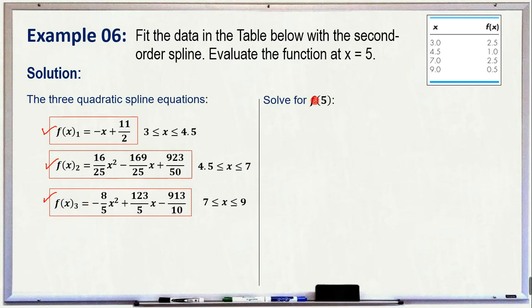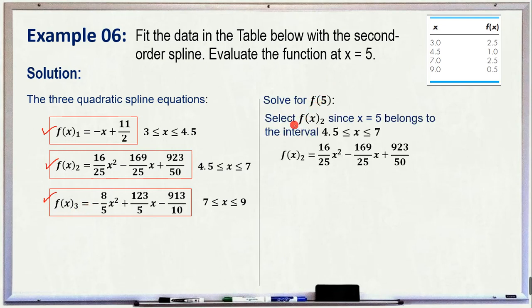So for f of 5 right here, we're going to select the second quadratic spline equation, since x equals 5 belongs to the interval for the second quadratic spline equation, which is from 4.5 less than or equal to x less than or equal to 7. Therefore, we're going to substitute the value x equal to 5 into our second quadratic spline equation.